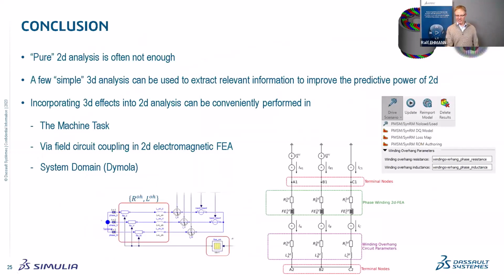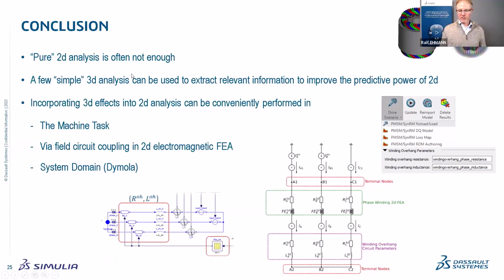So I guess I have done all that I promised in the beginning. We looked into the different aspects of 3D effects, which have to be taken into account: segmented magnets, the overhang, the skewing, and the AC losses. We saw that 2D analysis is considerably off when it comes to the operating points you determine, especially in the MTPV region, meaning at high speed.